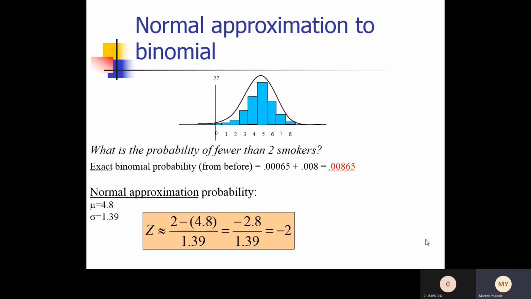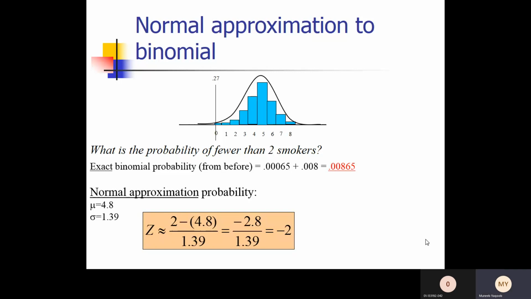To calculate this probability using normal distribution, we will convert x into z. And how can we convert x into z? It is very simple. Subtract the mean of binomial from x and then divide the result by the standard deviation. So x was 2.